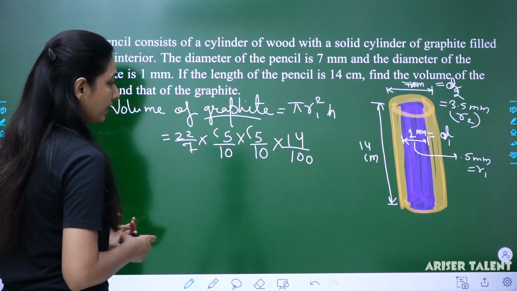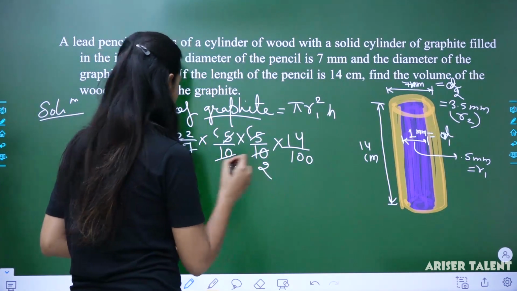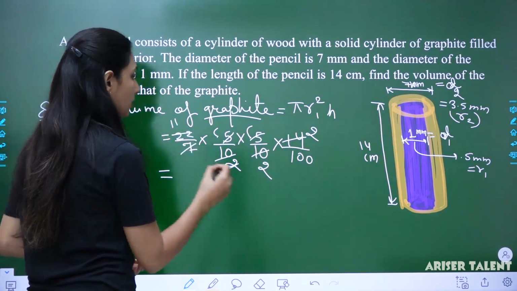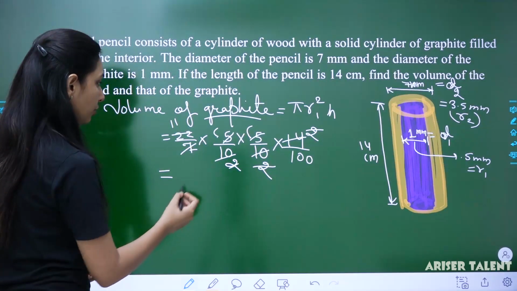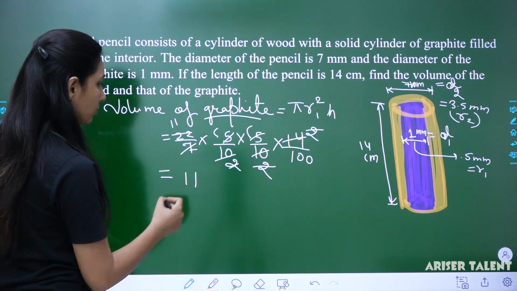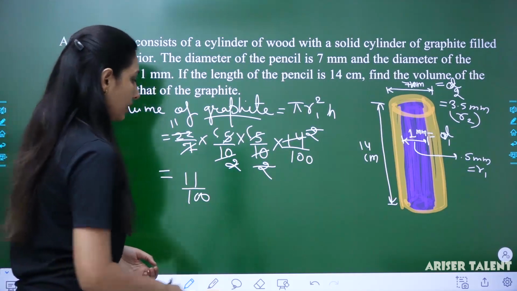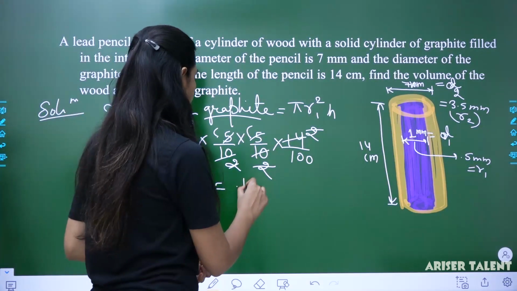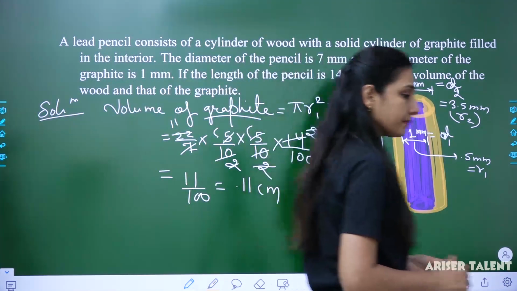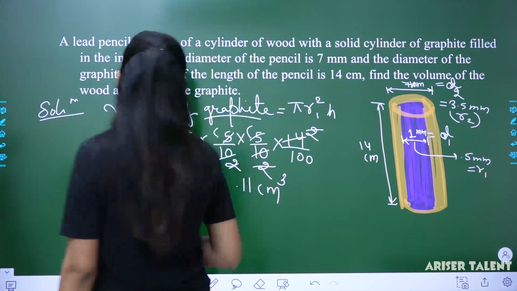Calculate it, and it's going to be 2 times here, 2 times again here, and that will be 11 here. 2 will be cut, so you'll be having 11 divided by 100. So you can call it 0.11 centimeters cube, the volume it is.